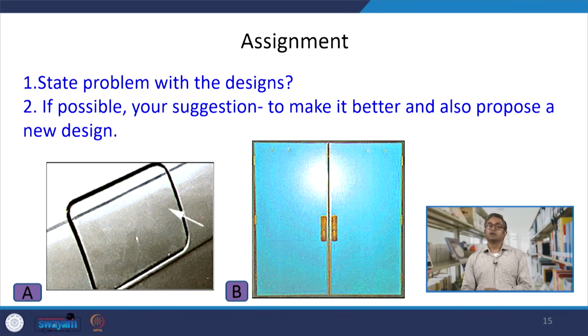Another challenge: to which side is it going to open? Somebody coming from the other end and somebody walking from this end may collide and an accident can occur. These are such simple designs which we see every now and then in our society. With these designs, can you say that your world is very well designed?